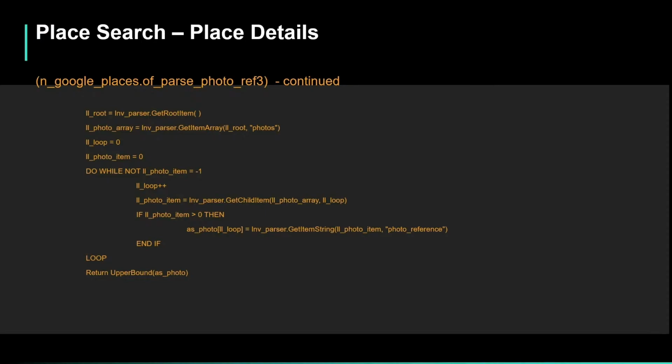Then I do a get item string from that, and the object we're looking for is photo reference. So then it'll pull it out and it'll put it into this AS photo array, and then it'll keep looping until the photo item turns into -1, which is when it can't find it, and so it'll end the loop, and then we will return the upper bound of the array.